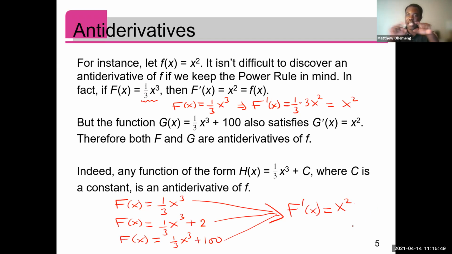That means if I have the x squared and I want to think of a function whose derivative will give me that x squared, the constants will be missing, because if you differentiate the constant, you get 0.